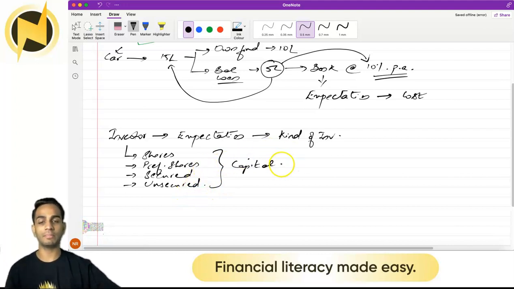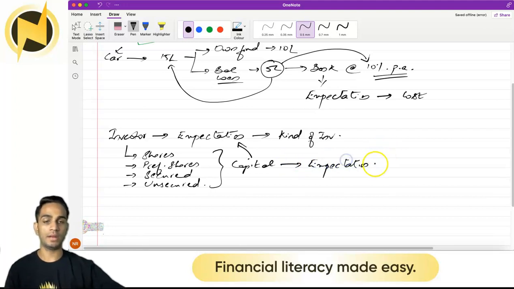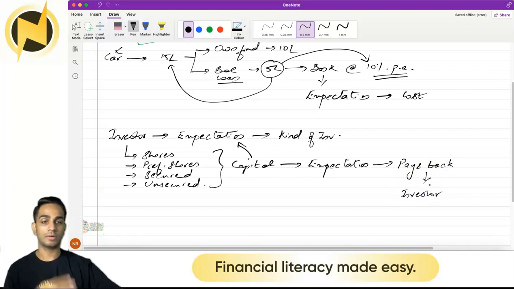Now, whenever the company raises this capital, it comes with an expectation, right? Now, what is this expectation? The expectation is the company paying something back to the investor, correct? So the capital comes with an expectation wherein the company pays back to the investor, correct? Now, what do they pay back?